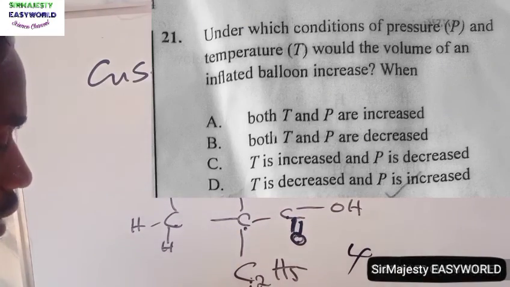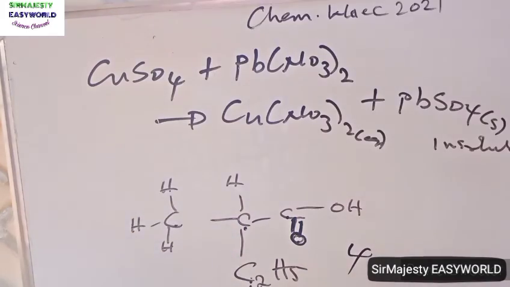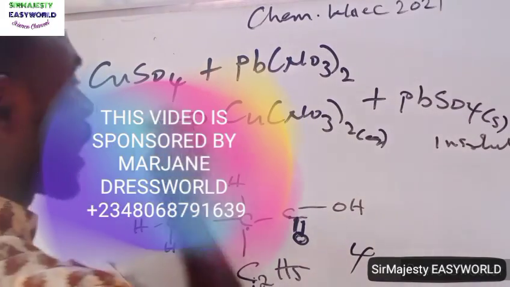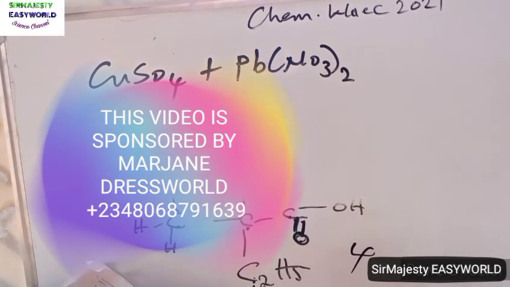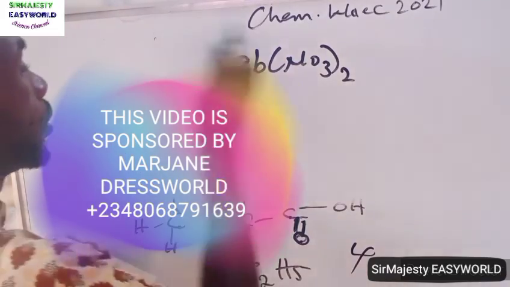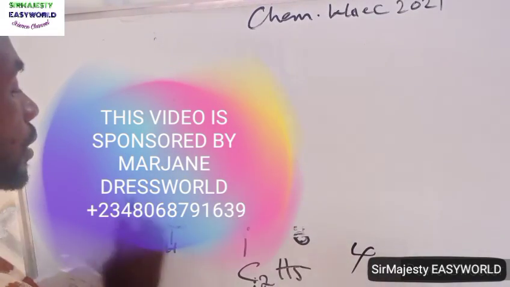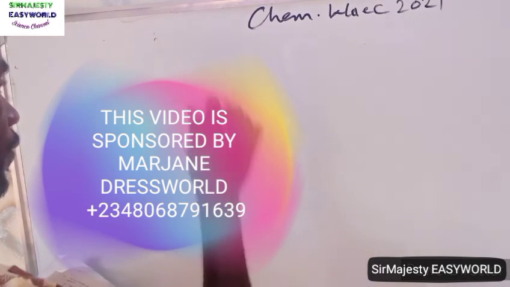Okay. Then next question, which is question number 21, says, under which conditions of pressure and temperature would the volume of an inflated balloon increase? Under what condition will the volume of a gas increase? We are going to combine the idea of Charles' law and Boyle's law. According to Boyle's law, volume will automatically increase if the pressure decreases. So we have gotten that one.